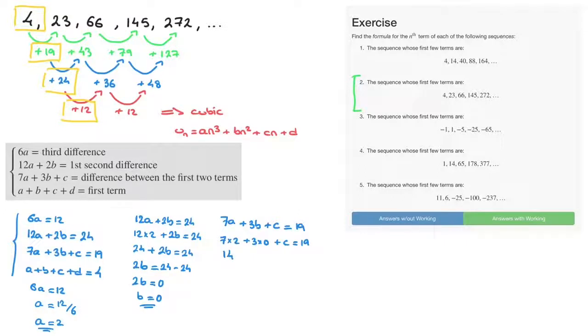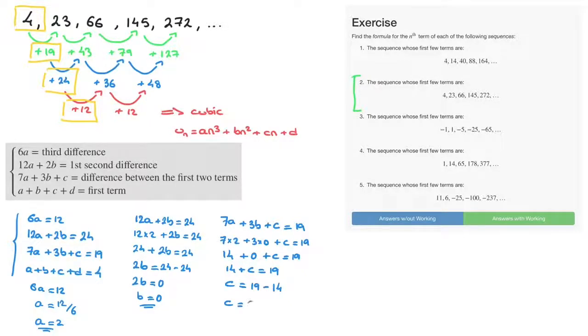That's 14 plus 0 plus c equals 19, and 14 plus 0 is just 14. So this is 14 plus c equals 19. Now subtracting 14 from each side leads to c equals 19 minus 14.